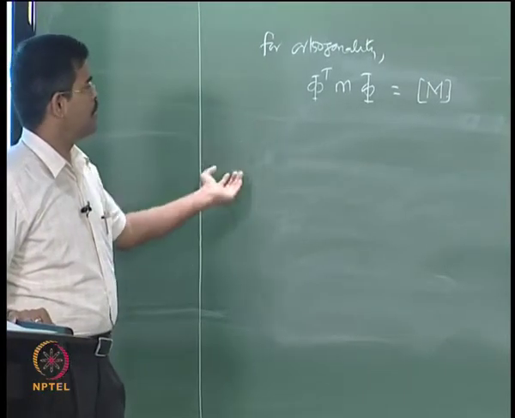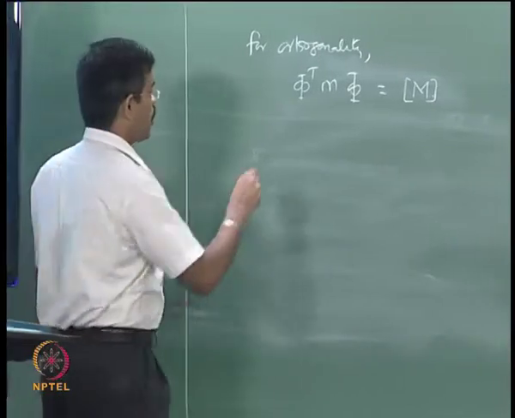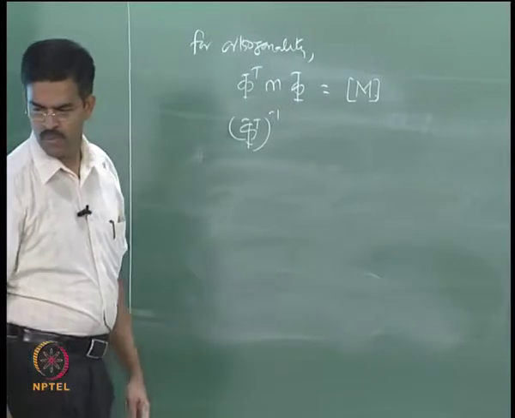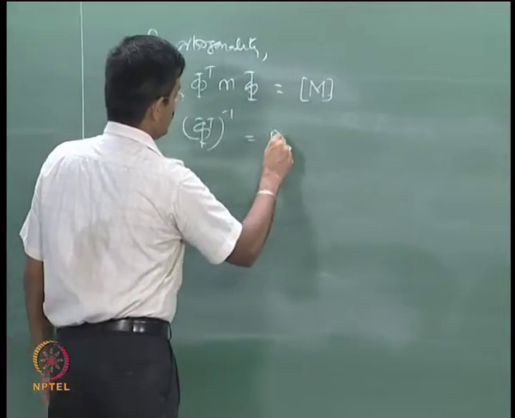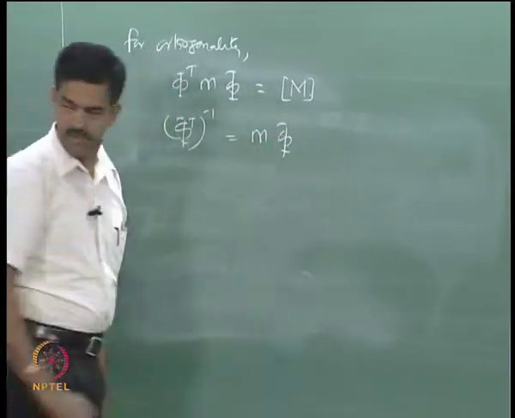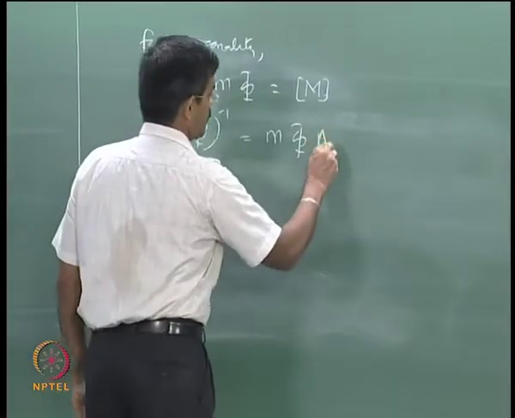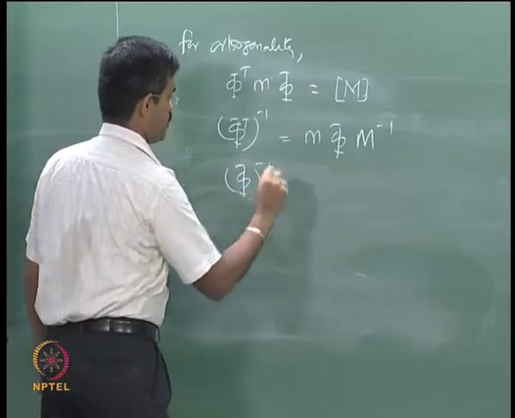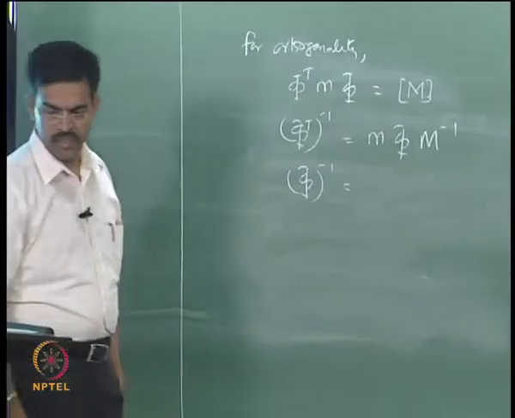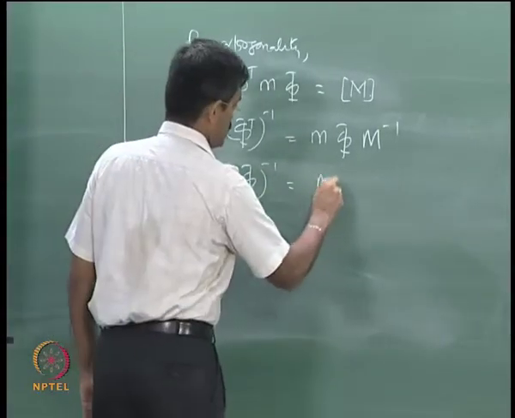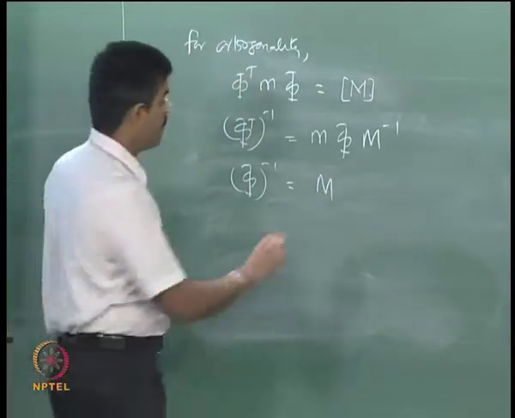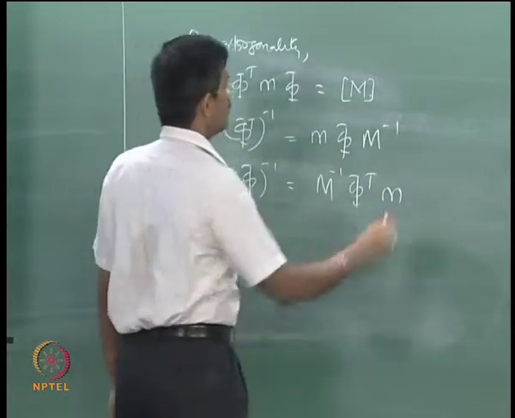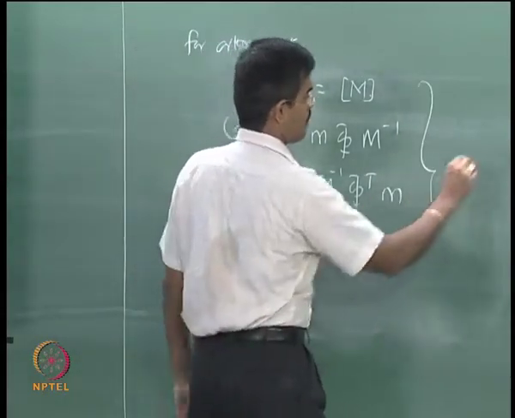Therefore, pre multiplying and post multiplying, I can always find phi transpose inverse as m phi m inverse, and phi inverse as m inverse phi transpose. I call this equation number 4.